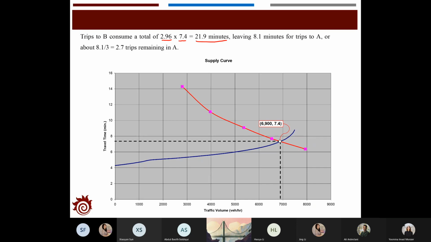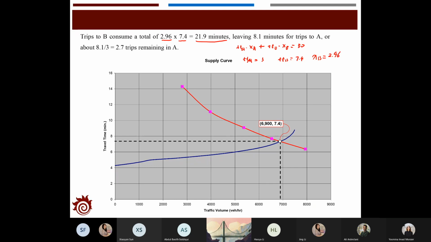And for the activity in town A, what you get is you have XA, TTA here equal to 30 minutes, and you have XA, TTA equal to 3 minutes, TTB equal to 7.4 minutes, and XB equal to 2.96.